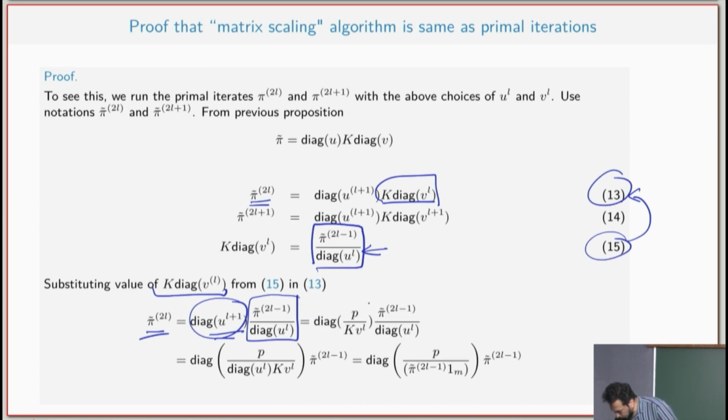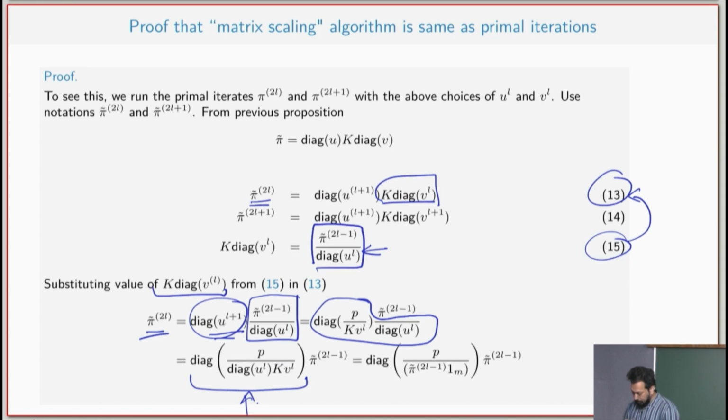These two diags are combined now, because there is a diagonal matrix and then we are dividing by another diagonal matrix. It is easy to verify that. So diag of P divided by K v_l and then divided by diag(u_l) can be rearranged in this way. That seems to be okay.